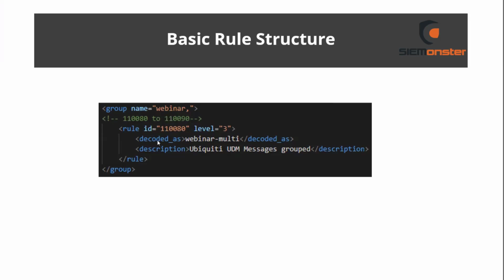And I can say decoded as webinar multi, which is the name of the decoder that was being used to extract the data. This basically tells the system, just check for any data that's being decoded with that decoder. And then I just add a description that's pertinent to the data that I'm working with.